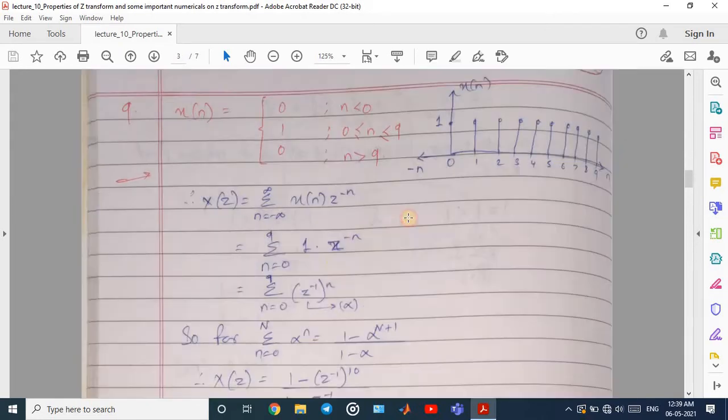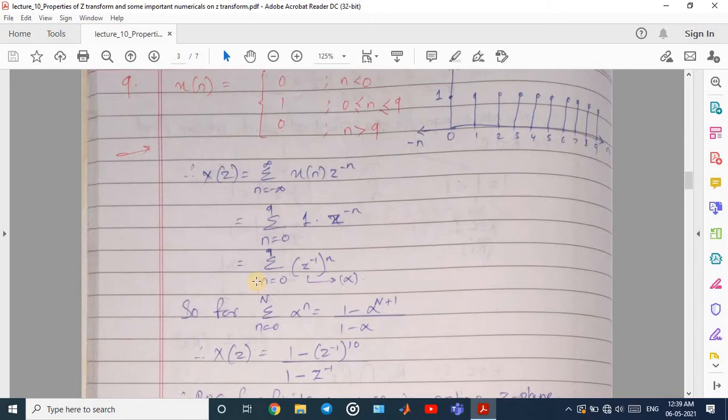So summation limit is from 0 to 9 and z to the power minus n as it is. So now z inverse to the power n, because our fundamental equation is like that only. For that purpose we take z as z inverse and n power.